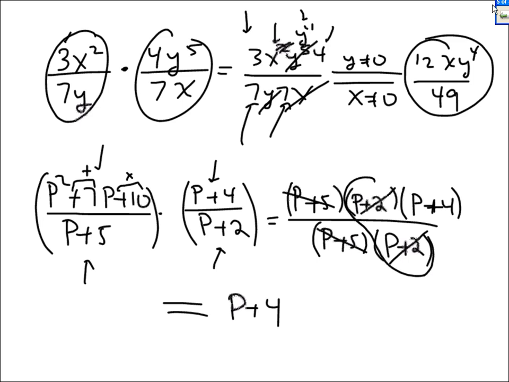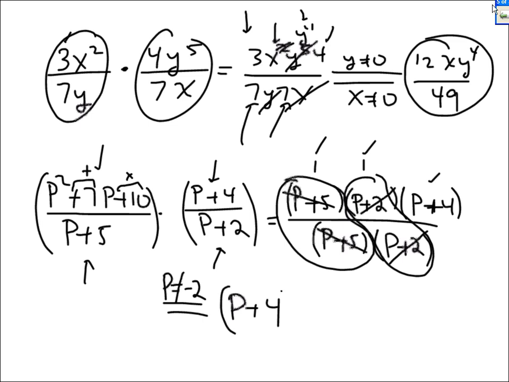This is not always 1. Not when p is negative 2, so I won't let it be negative 2. This is not always 1. And I crossed it off as if it were 1. 1 times p plus 4, just what I said the answer was. But again, p plus 5 over p plus 5 is not always 1. Not when p is negative 5.